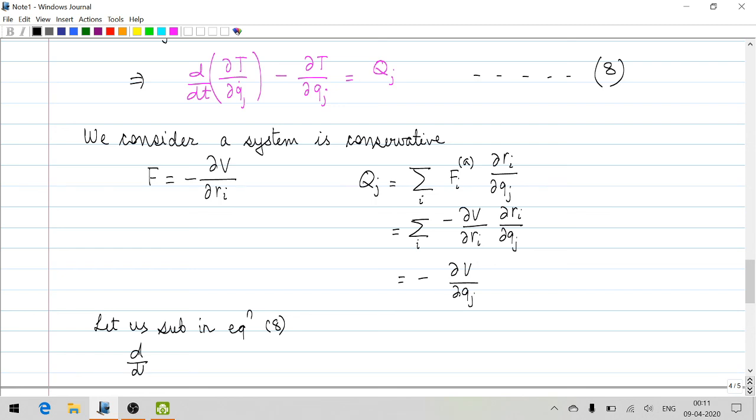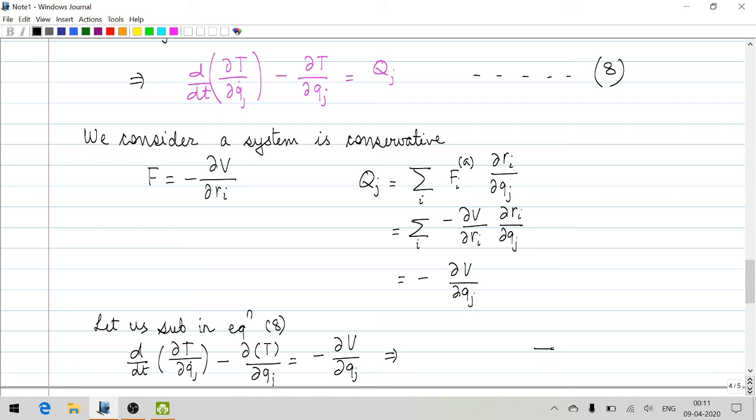So if I substitute this in equation 8, I get d by dt of dou T upon dou qz dot minus dou T upon dou qz is equal to minus dou V upon dou qz. So which implies this.